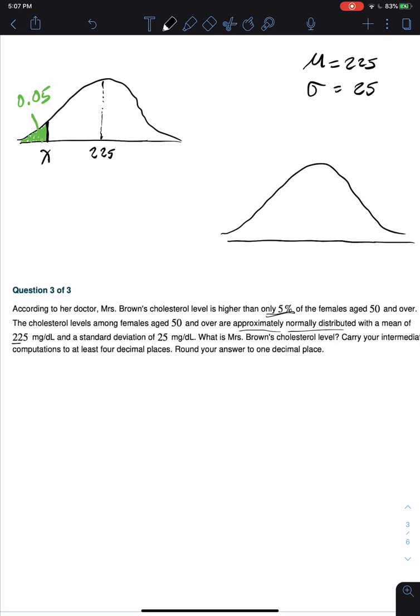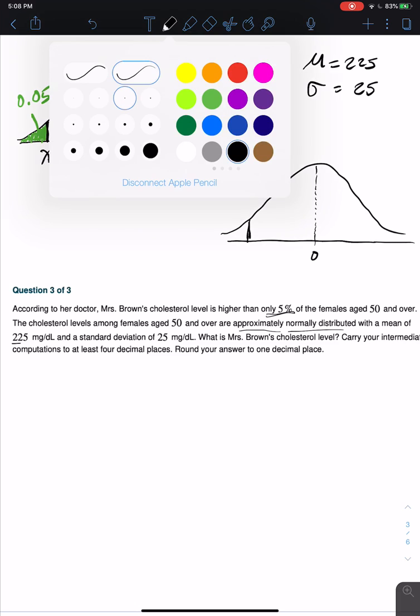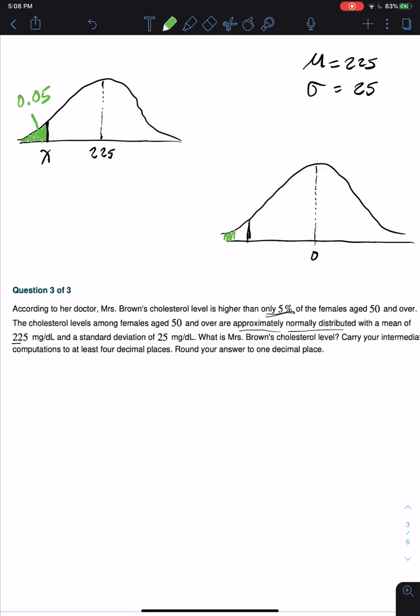Okay, so there it is. And now it's a standard normal curve. Our mean is 0. We still have our 5% area, right? That still stays the same. But what we need to do is find the z value that goes along with that.